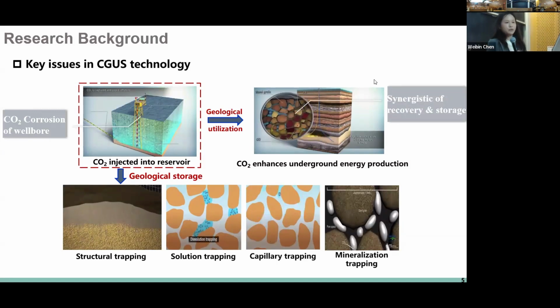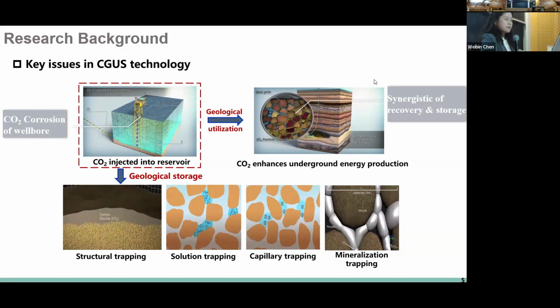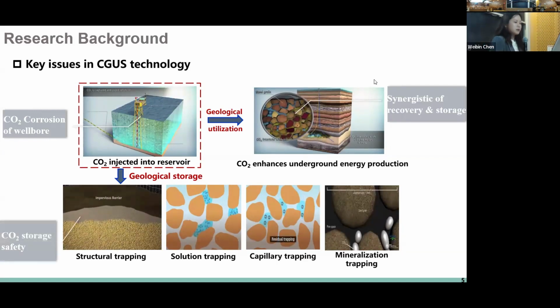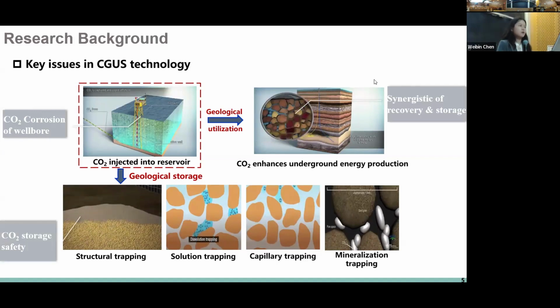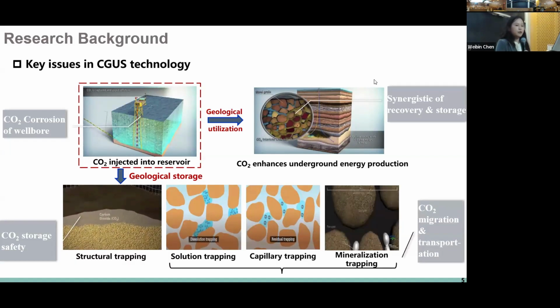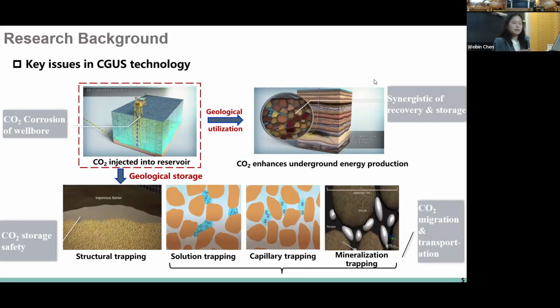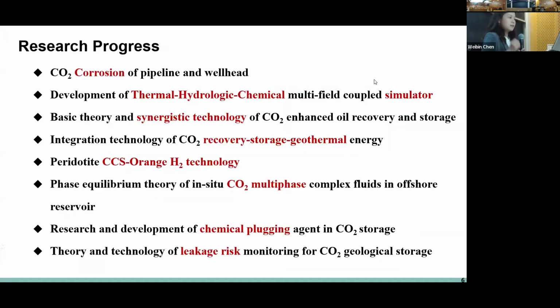That's the second issue, the synergy of recovery and storage. We also worry about the safety of CO2 injected underground, and how about CO2 migration and transportation? So around these four key issues, we have this research progress.